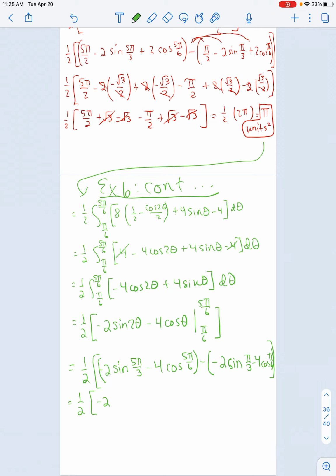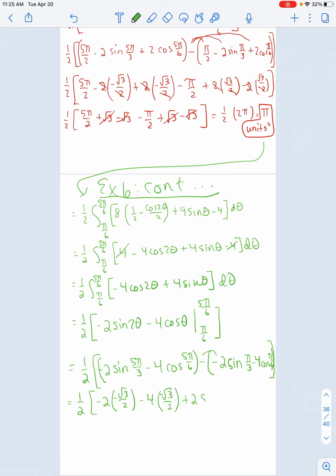And 5 pi over 3 was in the 4th quadrant, and the sine would have been negative square root of 3 over 2. And then cosine of 5 pi over 6 is in the 2nd quadrant, and it would have been negative square root of 3 over 2.